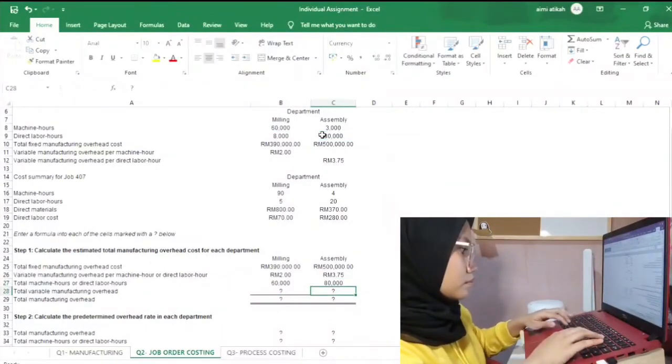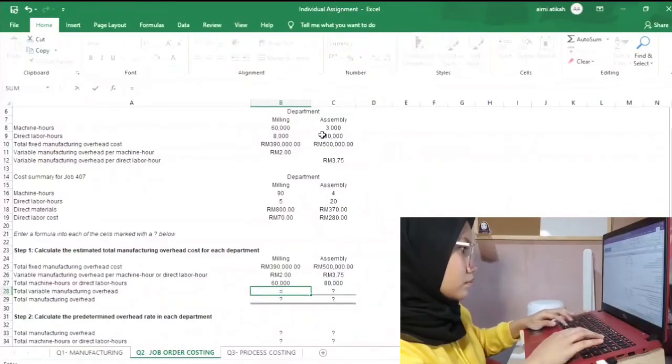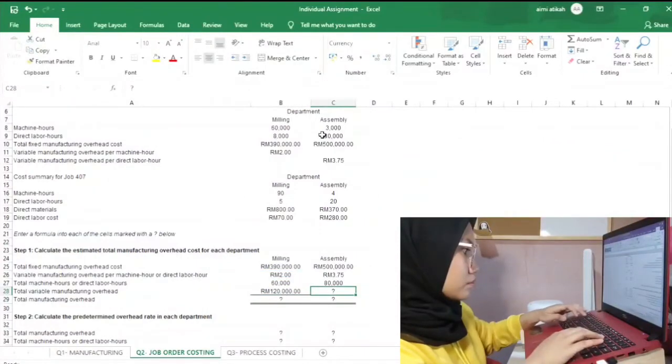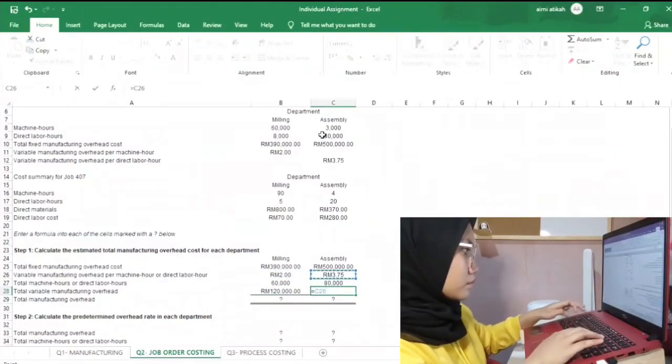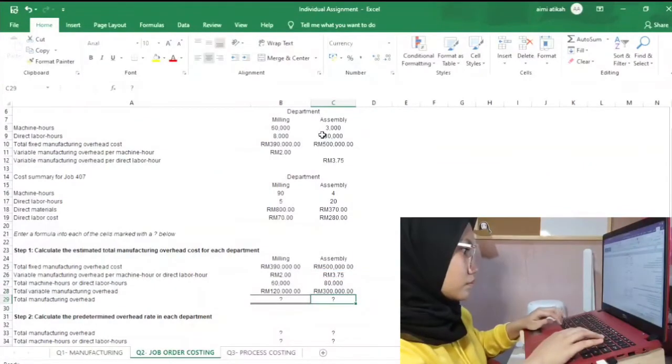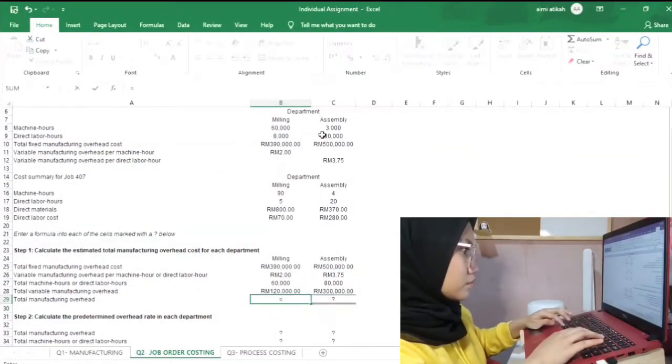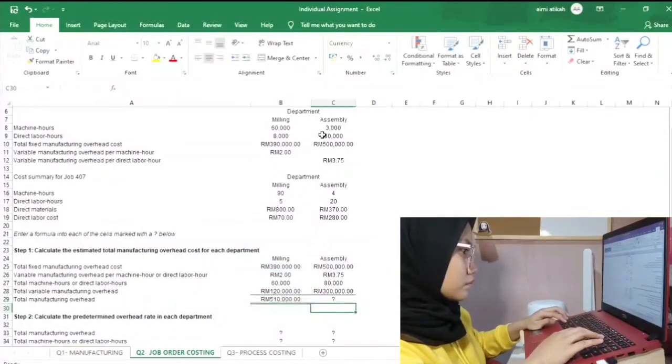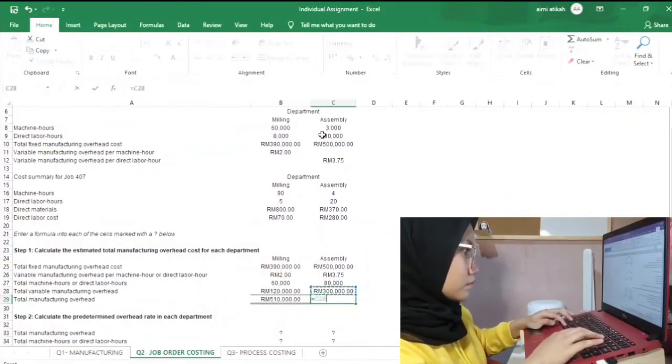For total machine hours for milling and total direct labor hours for assembly. For total variable manufacturing overhead for milling, I will multiply variable manufacturing overhead per machine hour by total machine hours, and do the same for assembly. And for total manufacturing overhead, I will take total fixed manufacturing overhead and sum it with total variable manufacturing overhead, and do the same for assembly.